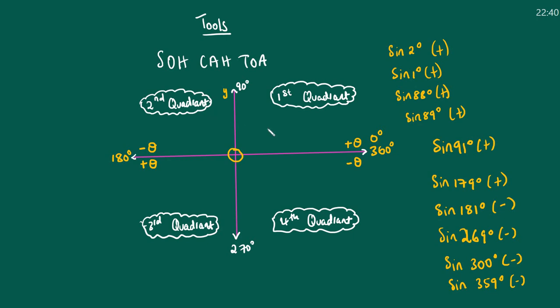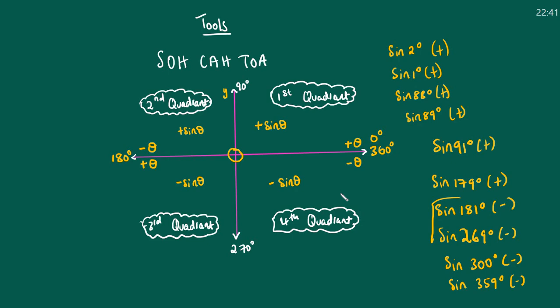So in this quadrant, sine is positive. In this quadrant, sine is also positive. But when we started to say sine 181, which means we're in this quadrant, we started to find negative numbers. So in this quadrant here, sine is negative, and in this one, sine is also negative.